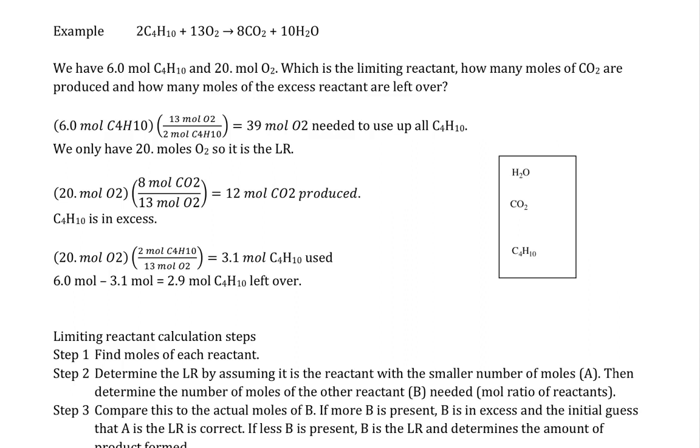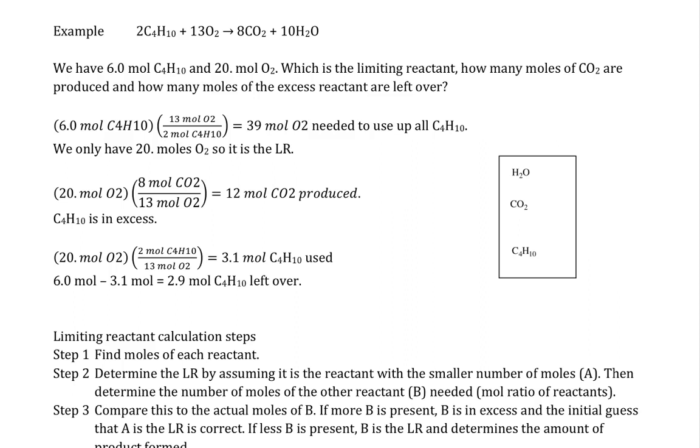6.0 moles of C4H10 times the ratio 13 moles O2 over 2 moles C4H10. Moles of C4H10 cancel, and we get the number 39 moles of O2 are needed to use up all the C4H10. We compare 39 to 20 and we see that we don't have that much. That means the O2 is the limiting reactant.